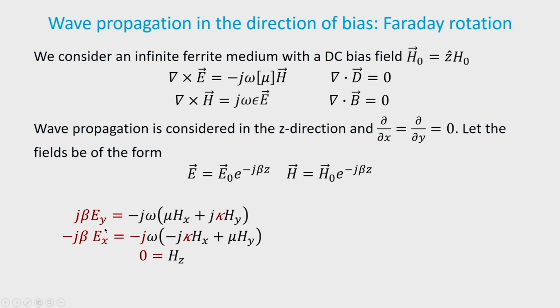So, we can write j beta E y is equal to minus j omega times mu H x plus j kappa H y.